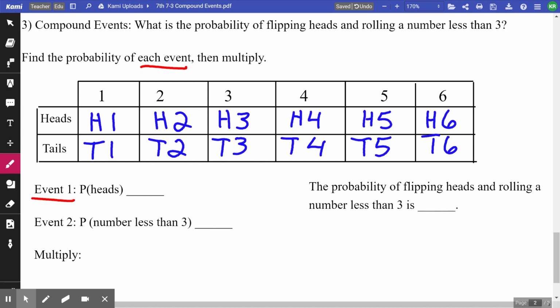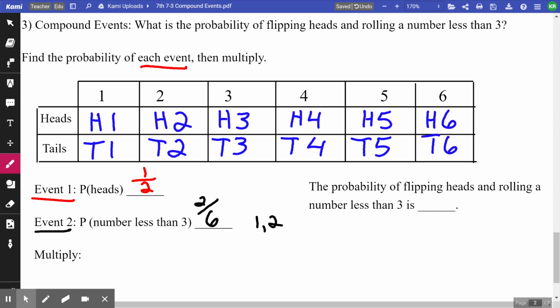So the probability of getting heads is 1 out of 2. Event 2, what's the probability of getting a number less than 3? The numbers that are less than 3 would be 1 and 2. So that's 2 possibilities out of 6 when you're rolling the number cube or the die.